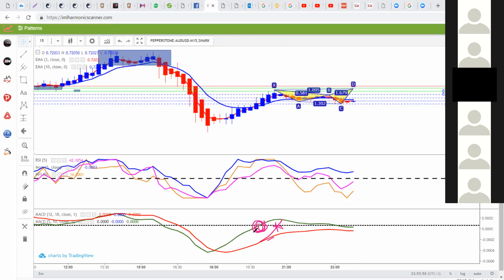So when only the green crosses, it makes it a weak trend. But if the red crosses, it makes it stronger. But I'm not saying that you have to wait for the red, because sometimes the red can be slow. The green could have entered. You can imagine at this point the green crossed, but the red was still around here. But at the end of the day, it still crossed. Do you understand?